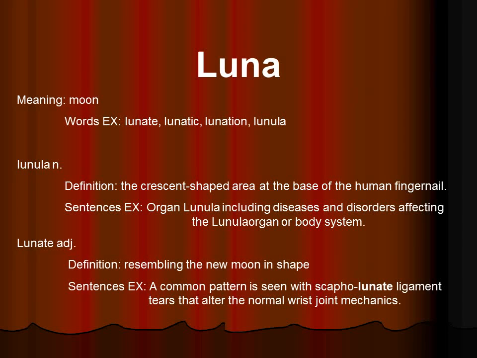The most often used word is luna. Luna is like a kind of calendar where people record the days. And lunate describes the shape of the moon. You can see my example here, like lunate and luna.